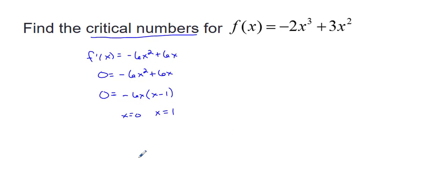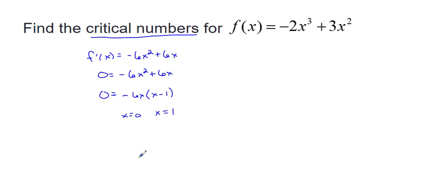So how many critical numbers do we have? 2. Does that make sense? Should we have 2 critical numbers? Why? What's the highest power? It's a cubic function, so it's got to turn twice, right?